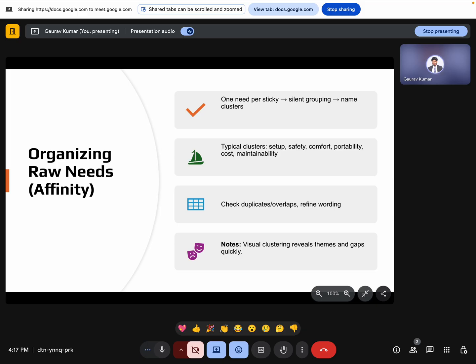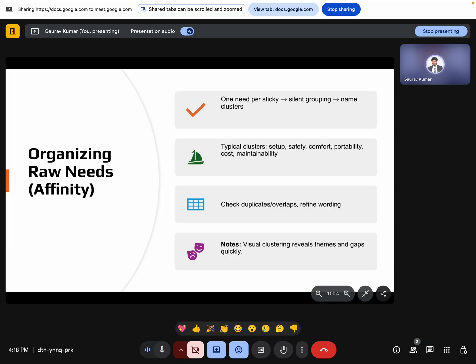Then we name each cluster to capture its theme. Typically, clusters for mobility products include setup, safety, comfort, portability, cost, and maintainability. We merge duplicates, refine unclear wording, and capture outliers rather than forcing them into ill-fitting groups.